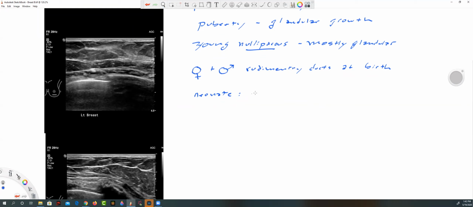But the neonate can have nipple discharge and enlargement. This is because of mom's estrogen.